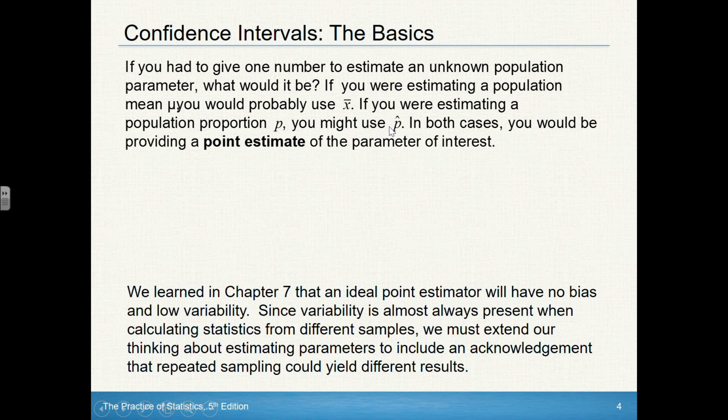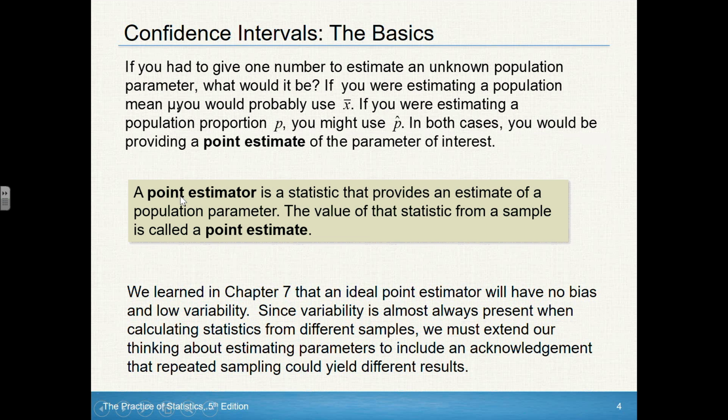But what we're doing is taking that x bar or that p hat and trying to learn something about the population. So a point estimator is a statistic that provides an estimate of a population parameter. So x bar is estimating mu, or p hat is estimating p. The value of that statistic from the sample is called a point estimate.